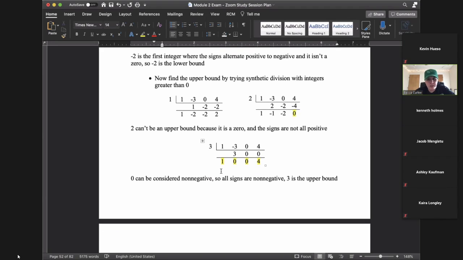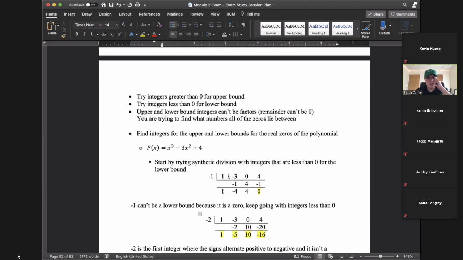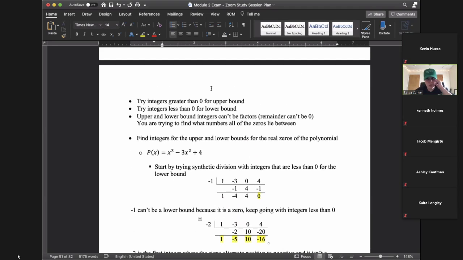We go with 3, and we see that this is the first integer where we have all positive entries. Because 0 can be considered non-negative, all the signs are non-negative, so 3 is an upper bound. So just try integers greater than 0 for the upper bound and integers less than 0 for the lower bound.